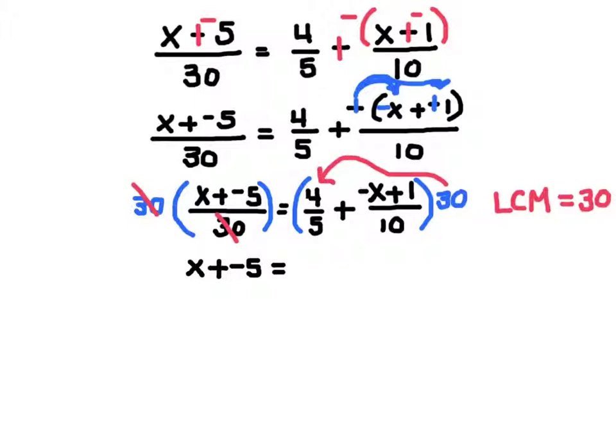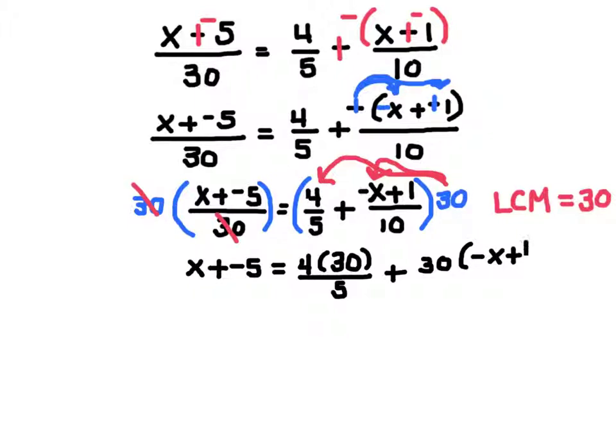And I get, for the first term, 4 times 30 over 5. And for the second term, I get 30 times a negative x plus 1 over 10.